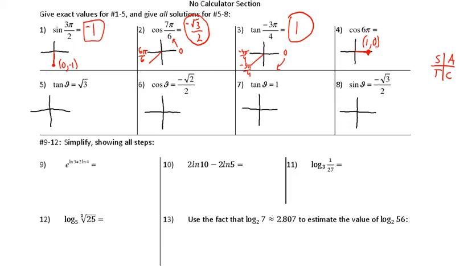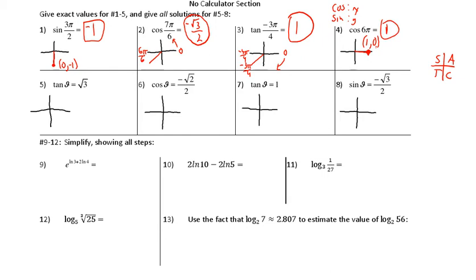And which one of those numbers is the cosine, the x or the y? The y. So look, try to remember it's alphabetical. Cosine comes before sine in the alphabet. X comes before y in the alphabet. Cosine is the x coordinate, so the cosine of 6 pi is 1.